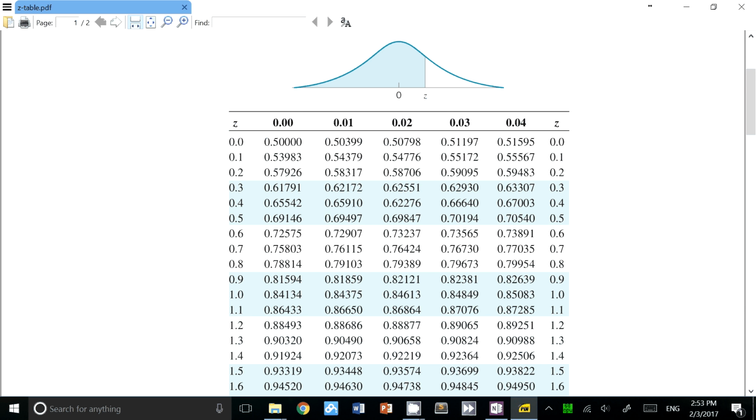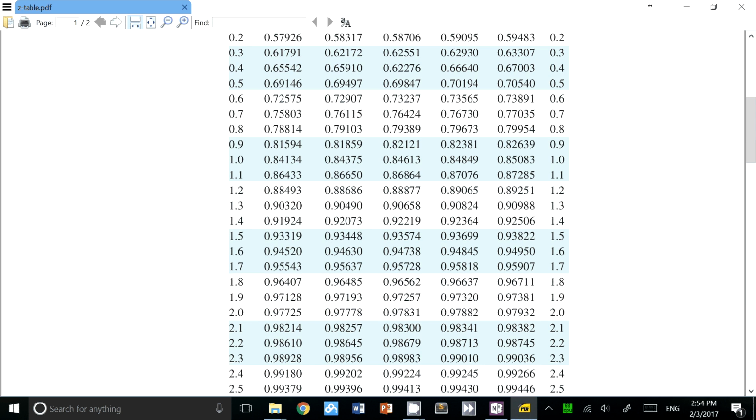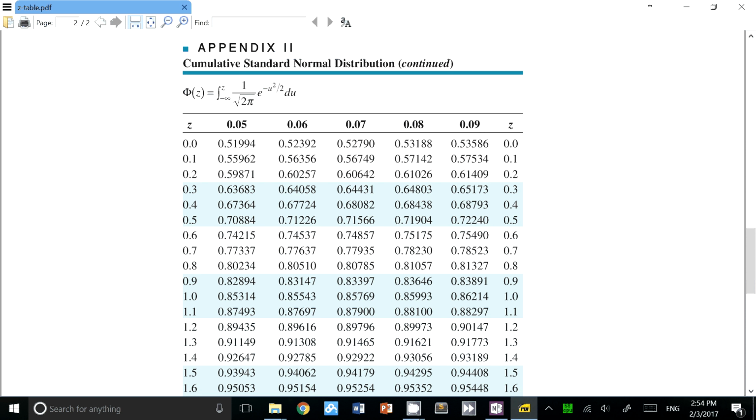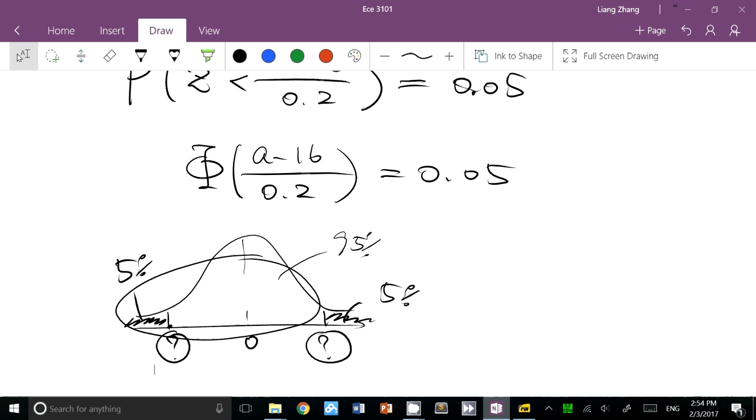Okay, between 1.64, so 0.94950, this is 1.64 and 1.65 right here. And 1.65 will be 0.95053. So I can pick any of the two. If we're doing this by hand, there's no way to be very rigorous. So let's say phi of 1.64 is approximately 0.95. This is what the table gives me.